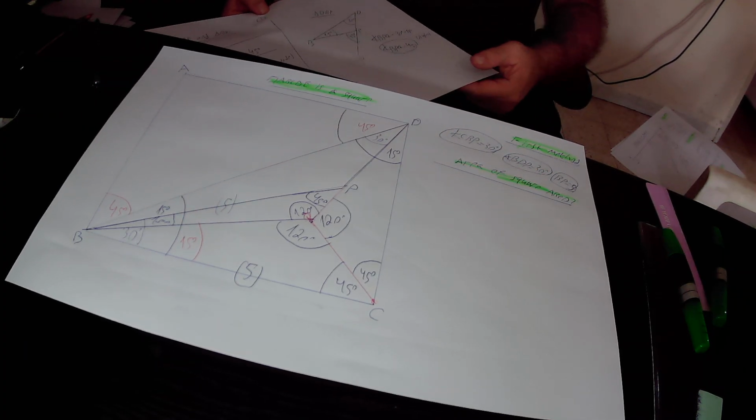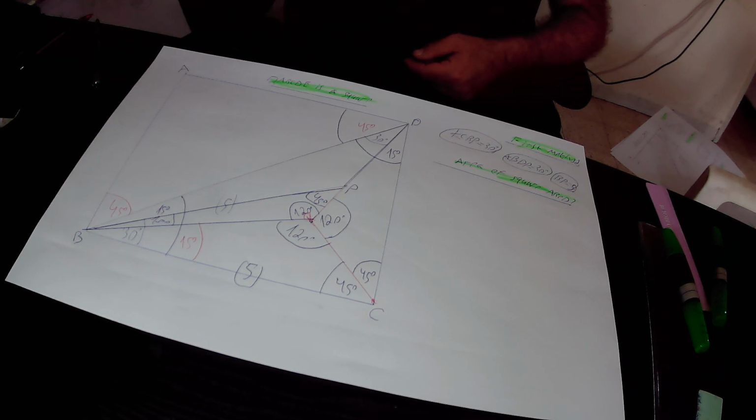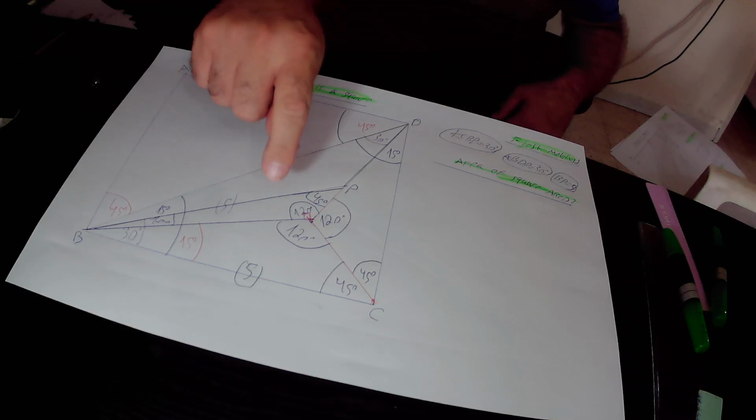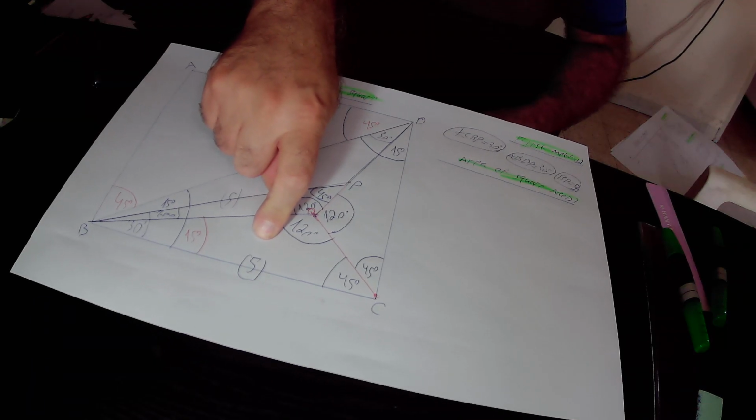So, in the next step, we prove that those two triangles can go into each other according to the angle-side-angle rule.